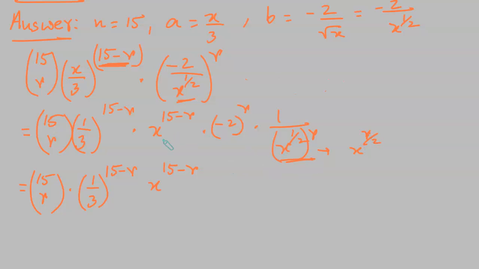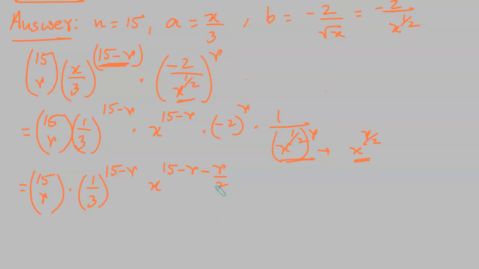So, x to the power of 15 minus r is getting divided by x to the power of r over 2. When you have division, the base is the same and you are dividing, what happens to the powers? They get subtracted. So, it will be x raised to the power of 15 minus r over 2.